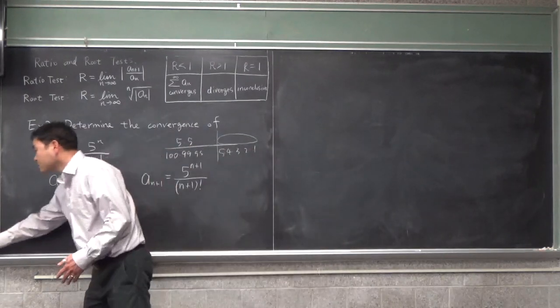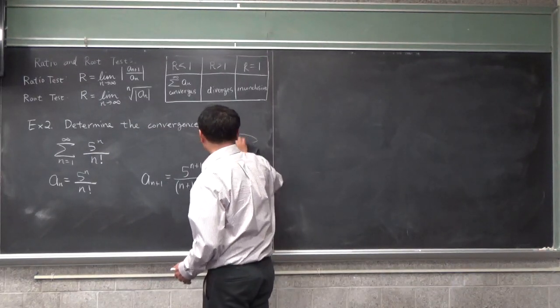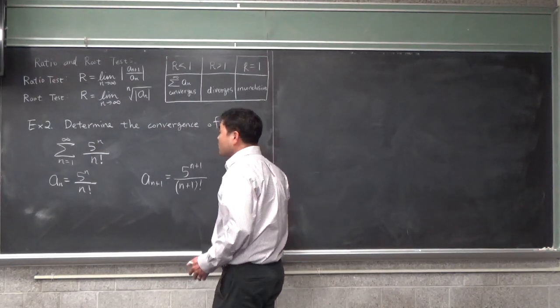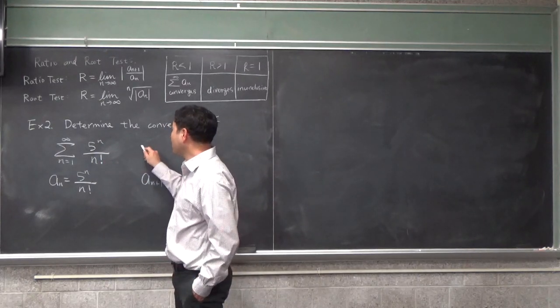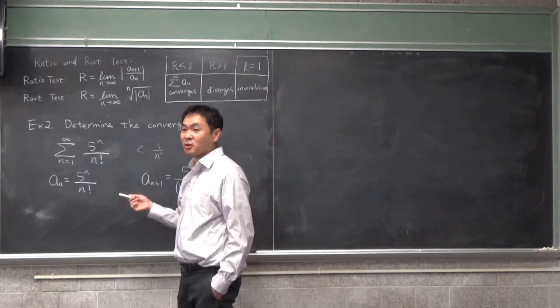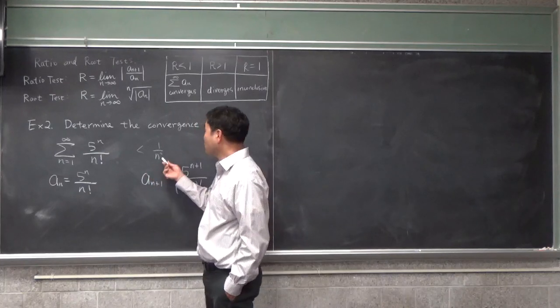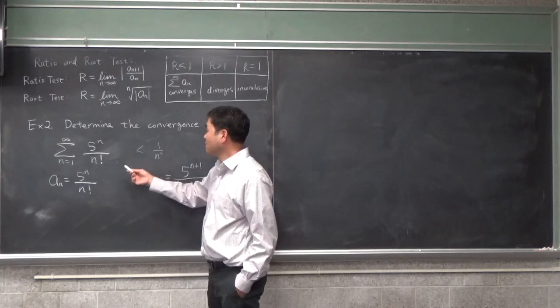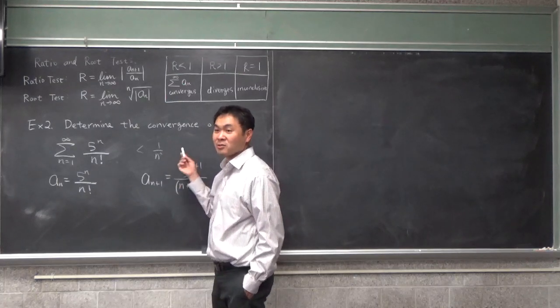So in fact, you could show that this converges by showing that this is less than 1 over n squared for some bigger n values. So when n is like 10 or more, then you can show that this is less than 1 over 100 and 1 over n squared.